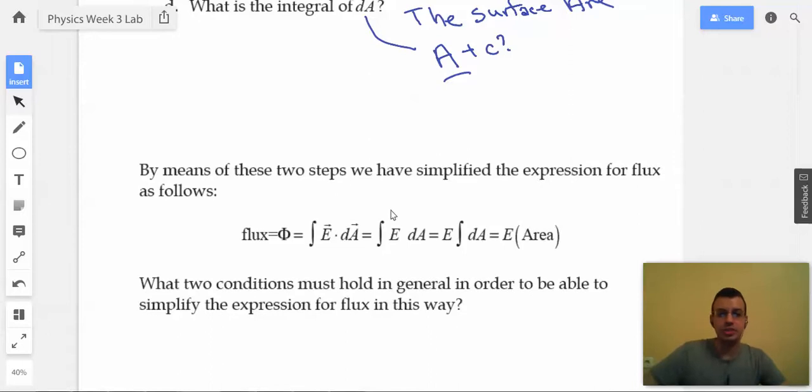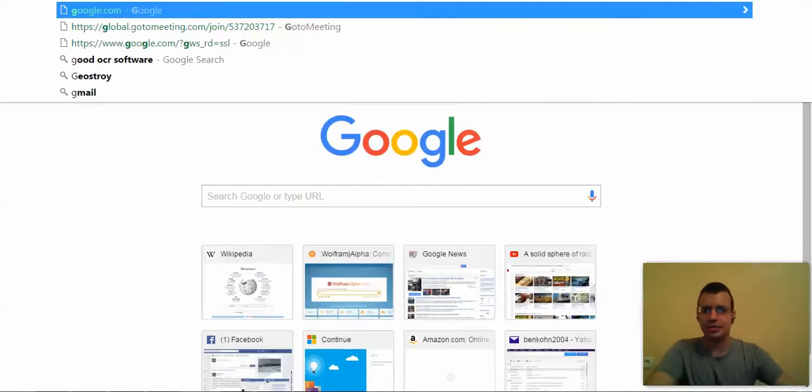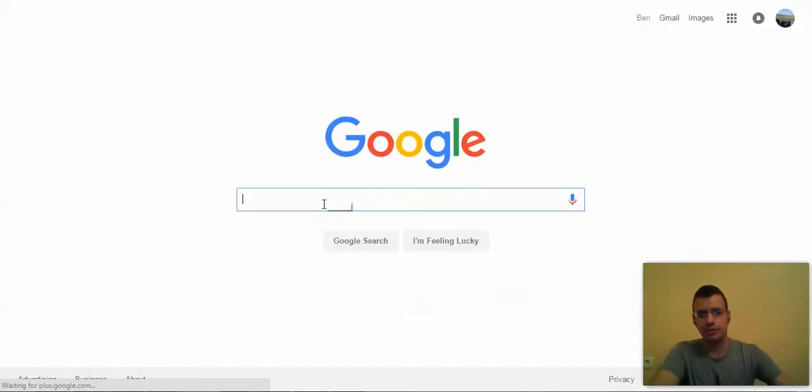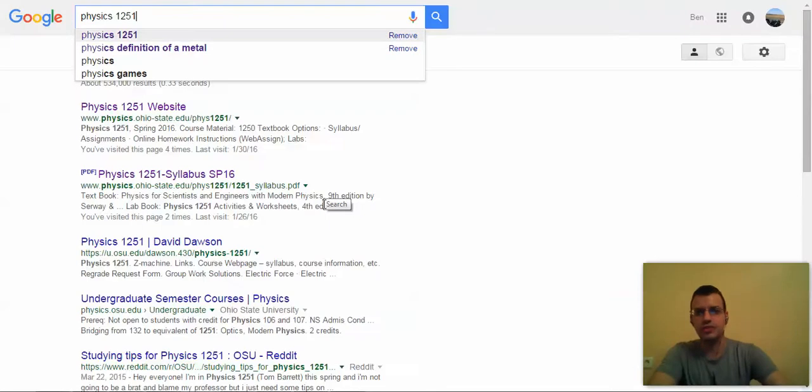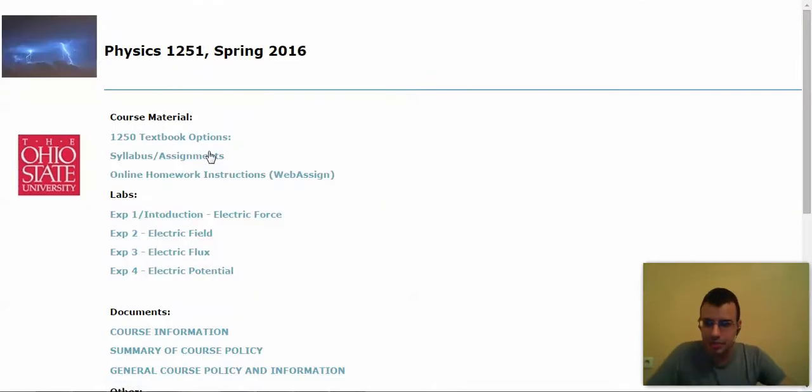By means of these two steps, we have simplified the expression for flux as follows. Yes, we have. Why are they explaining this? You've already had to use this how many times for the homework. I'm pretty sure this lab is done after the last homework was due. Let me check the Physics 1251 website, the syllabus.